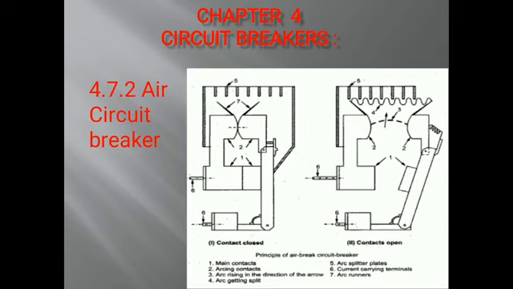The constructional detail can be described by indicating numbers on it. These numbers indicate first main contact, second arcing contact, third arc rising in the direction of the arrow, fourth arc getting split, fifth arc splitter plates, sixth current carrying terminals, seventh arc runner.